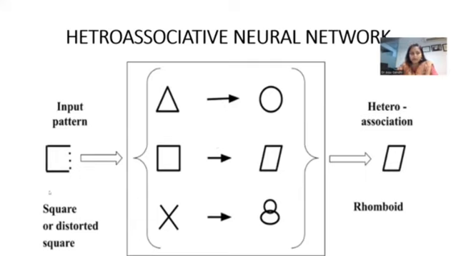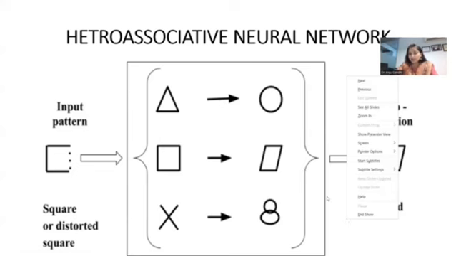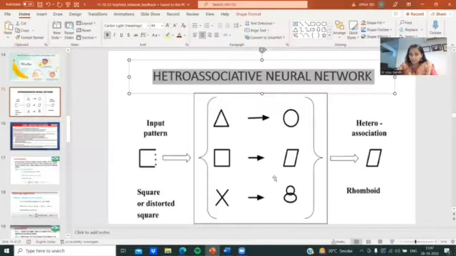For example, we have only a square with us, but with the help of the hetero-associative network, it can easily make a figure of a rhombus if it is a rhombus.